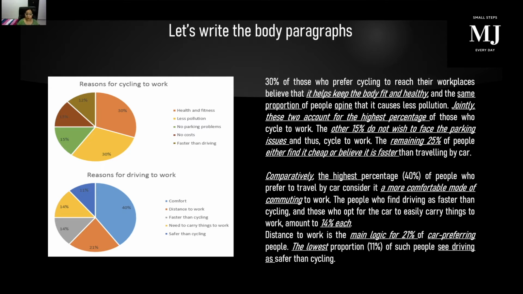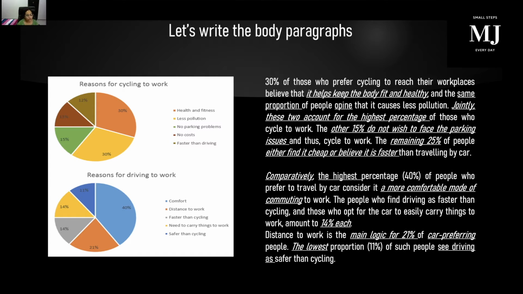Okay? Now, if you closely look at the body paragraphs, you will find that we have used simple present tense everywhere. Helps keep the body fit. These two account for. Then coming down to is the main logic. Who find driving, see driving, find it cheaper. Getting my point? Everywhere we have used simple present tense. Why?